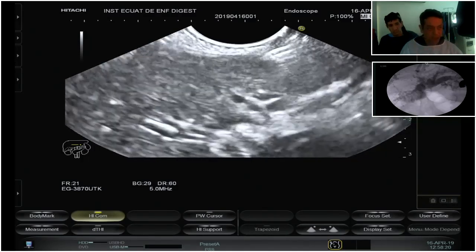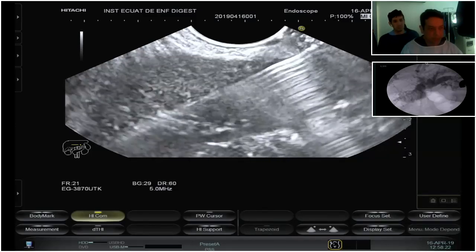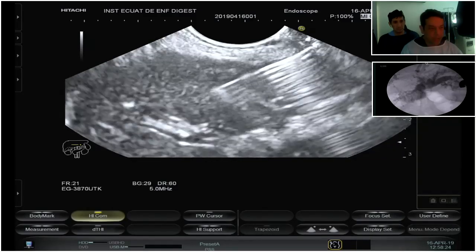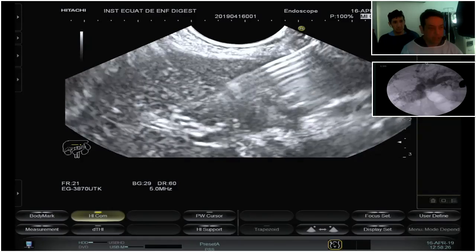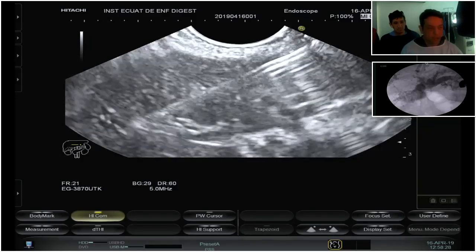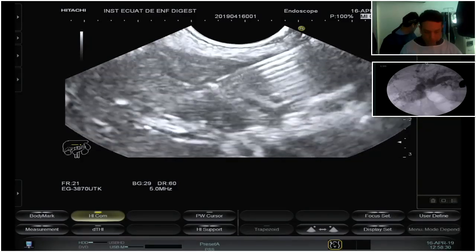But now, doing it by EUS, you can see here my needle. I am using an acquired needle.